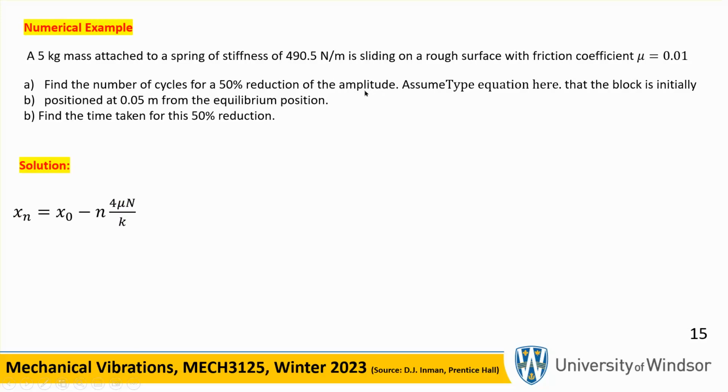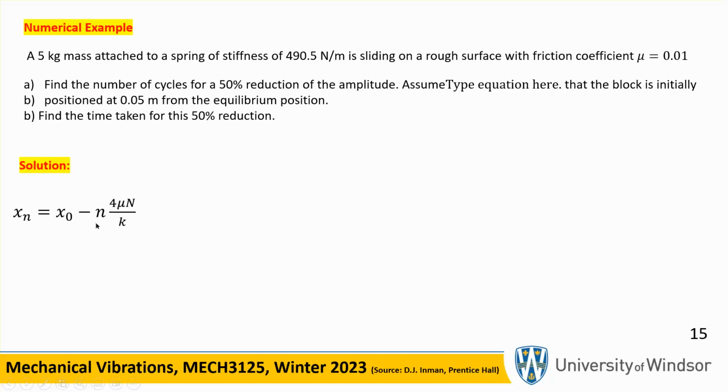Assume that the block is initially positioned at 5 centimeters from the equilibrium position. So all that says is that we are going from 5 centimeter amplitude to 2.5 centimeter amplitude.